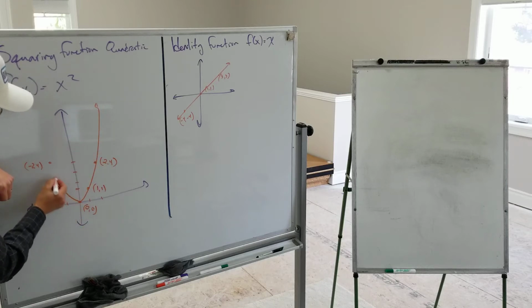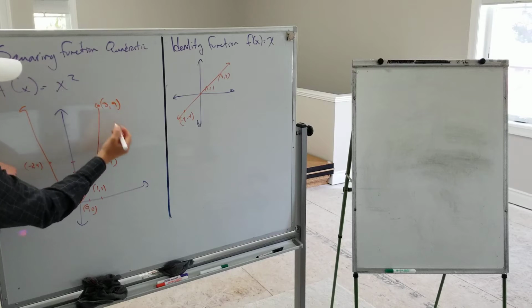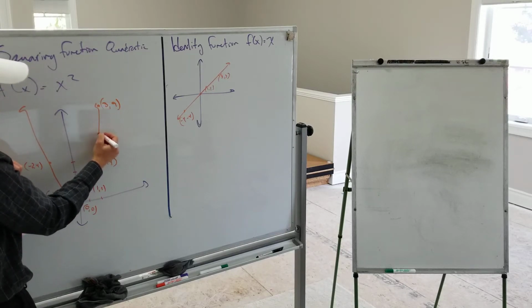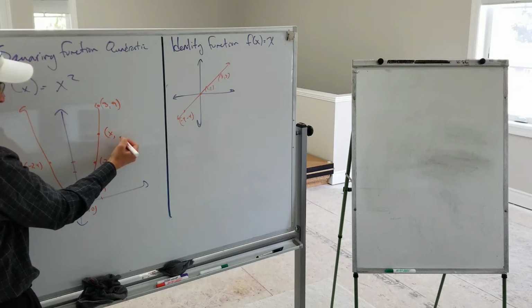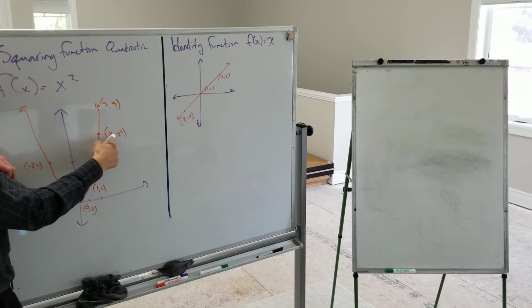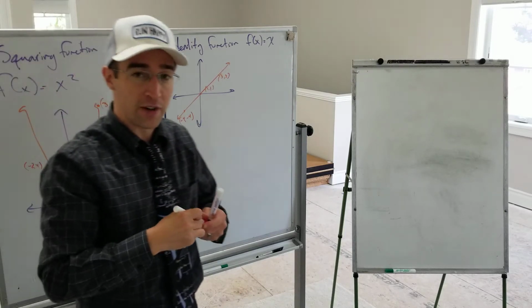We're going to have other points on here, like 3, 9. Basically, for this parent function, whatever the x number is, it's going to be x, comma, the y number is x squared. It's whatever this number is squared. So like 3, 9, 4, 16, 5, 25.